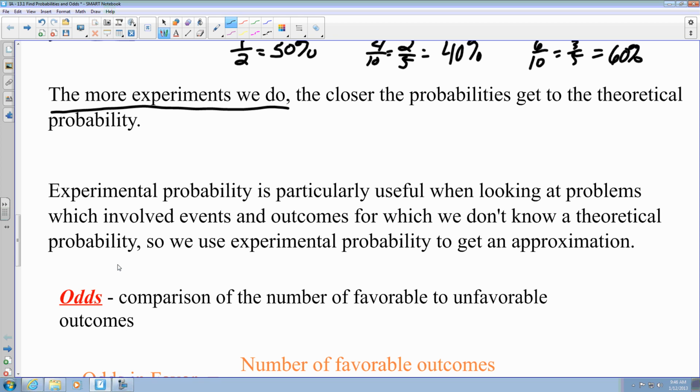One of the most commonly used situations for experimental probability is when you're dealing with the lottery. Many times you have the Mega Millions jackpot at an extraordinary amount, so a lot of people buy, but not many people win. So it always seems to be a very, very small percentage of odds of winning.